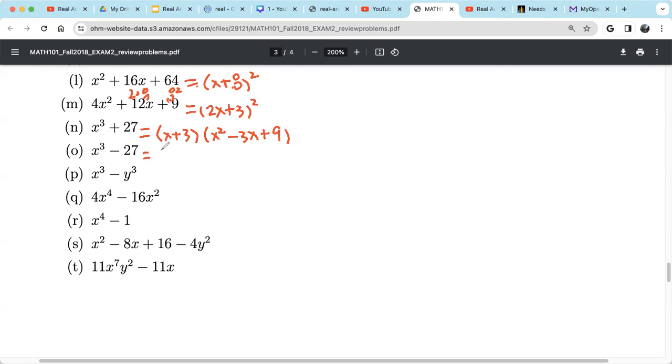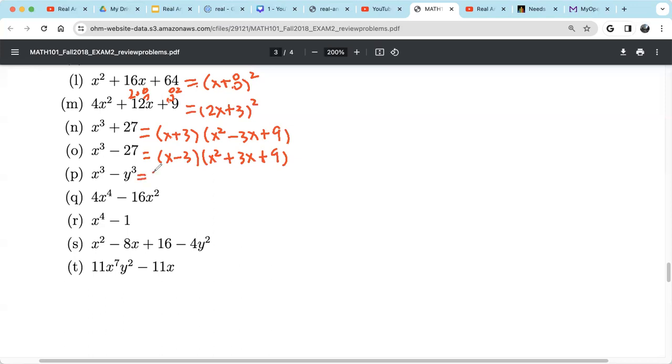Difference of two cubes. That's x minus 3 times x squared plus 3x plus 9. You may check by distributing x plus 3 into the second parenthesis to see if it's x cubed plus 27. This is x cubed minus 27, okay?